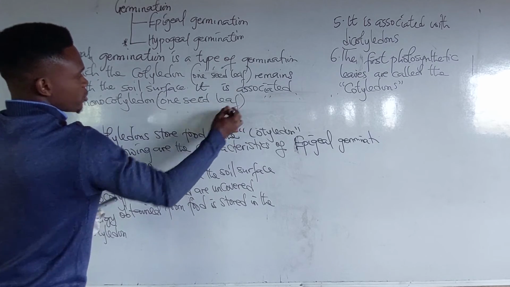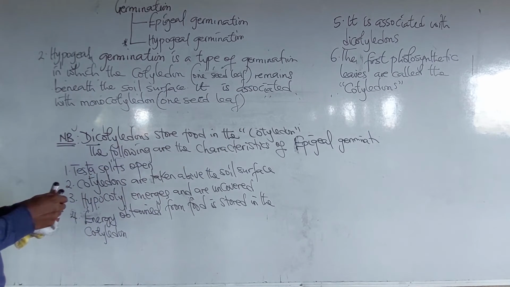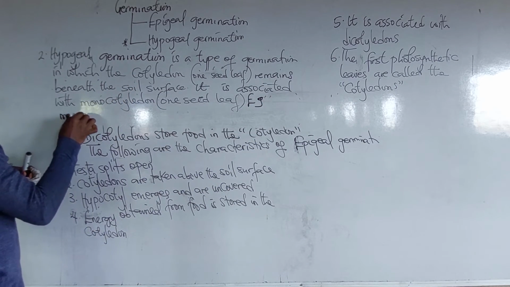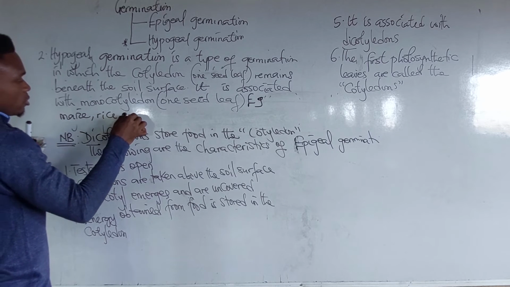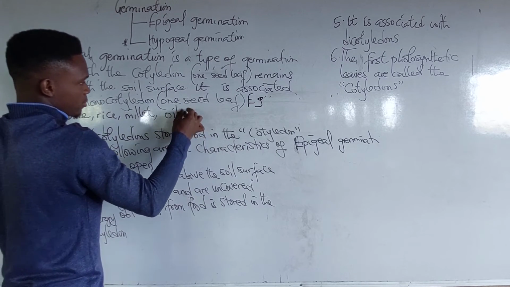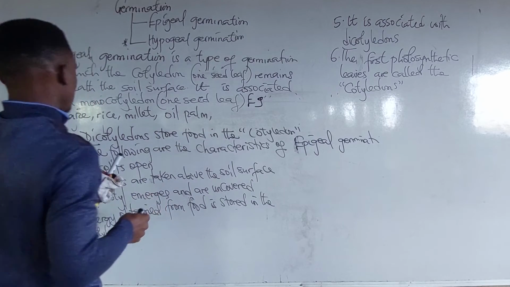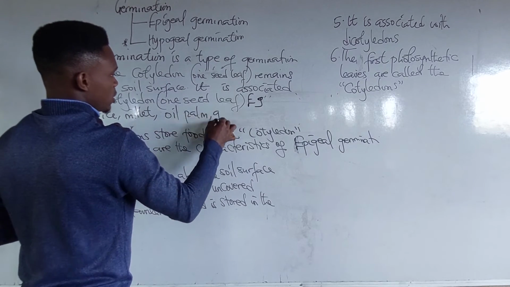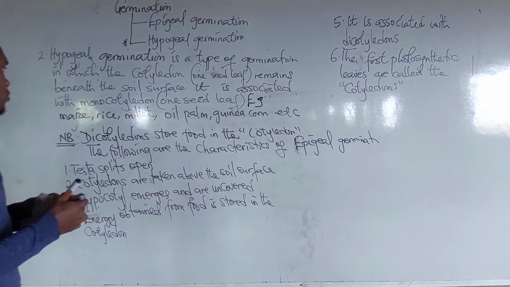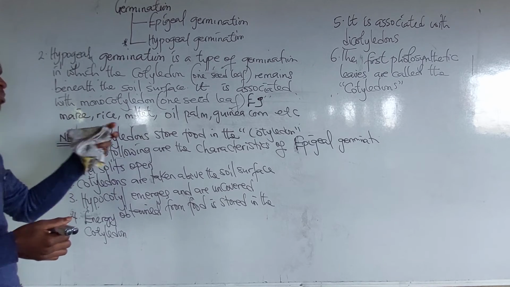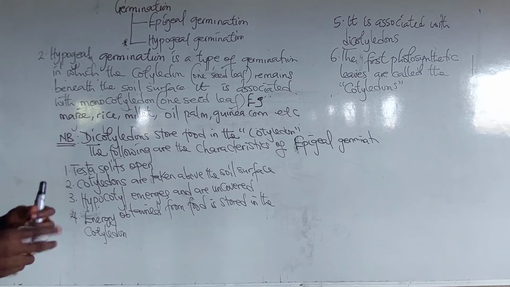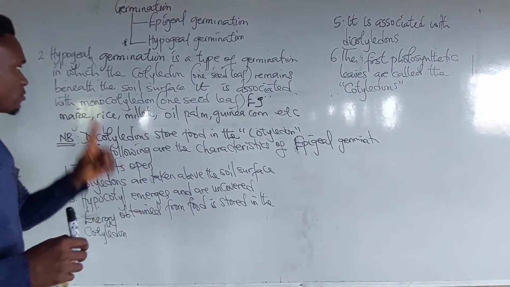All right, the examples of monocotyledons are maize, rice, millets, oil palm, guinea corn. You have numerous examples of monocotyledon. Maize, rice, millet, oil palm, guinea corn are all examples of monocotyledons because they have one seed leaf, cotyledon.